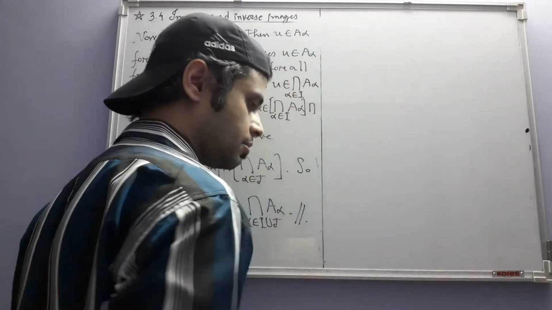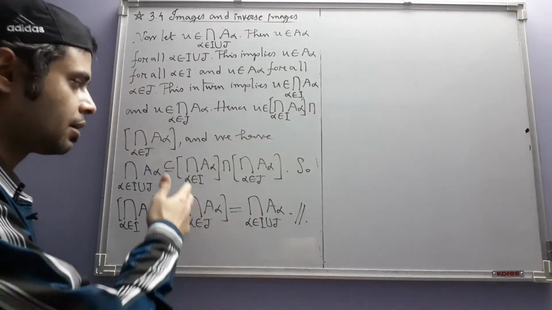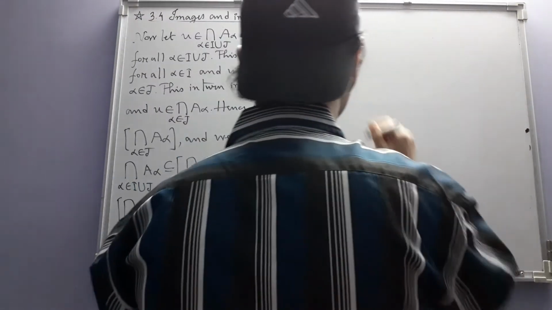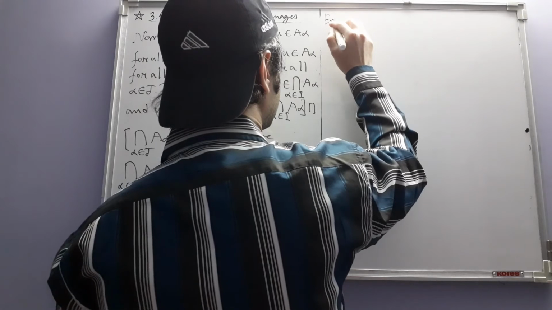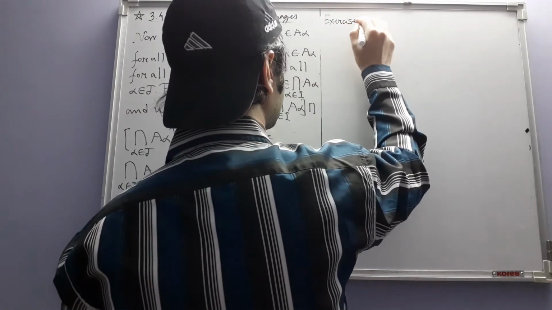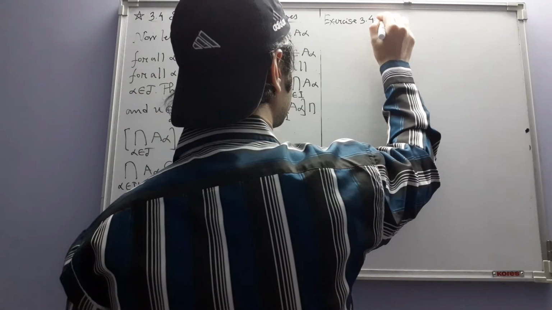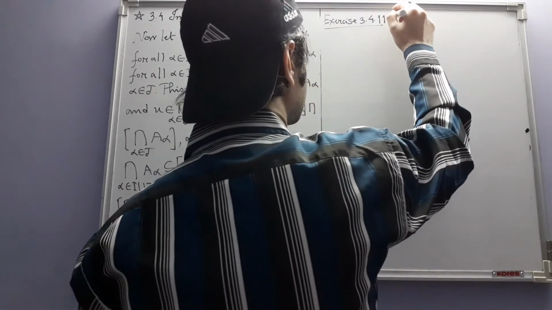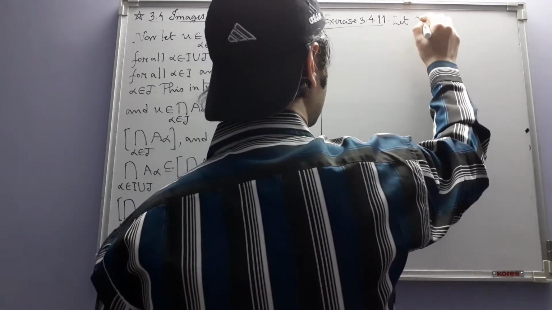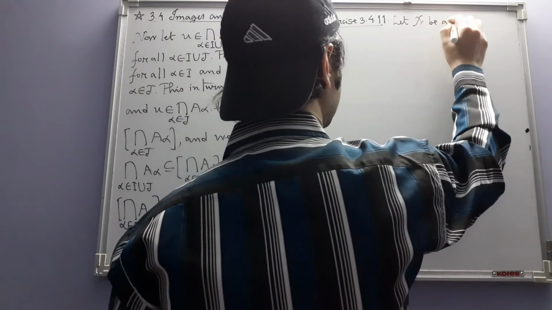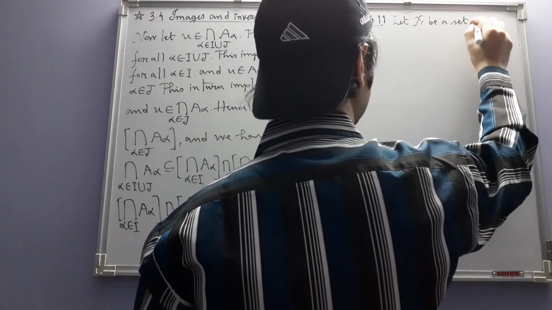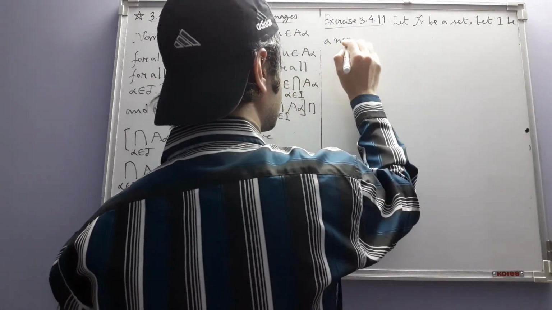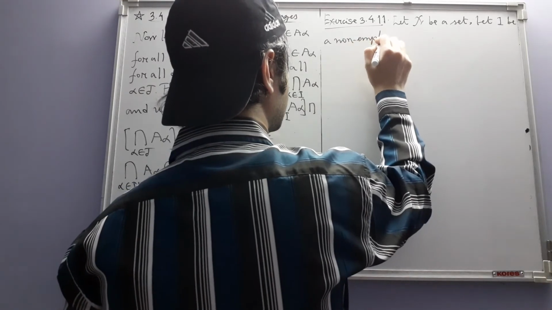Union and intersection we have seen in terms of arbitrary families. We will now see difference of two sets. So this is the 11th one. Let X be a set. Let I be a non-empty set.